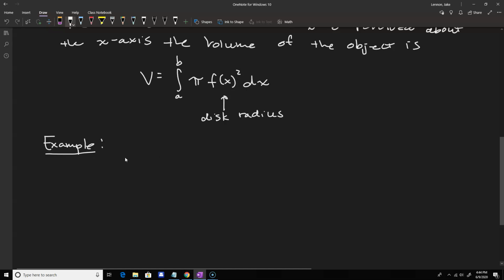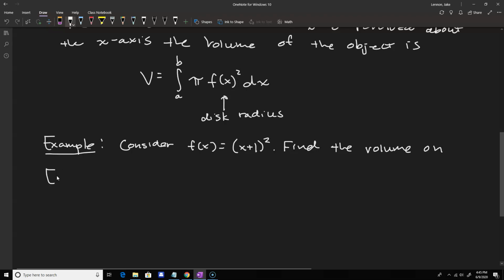So let's consider f of x equals the quantity x plus 1 squared. Find the volume on [0, 2] by revolving f of x about the x-axis.